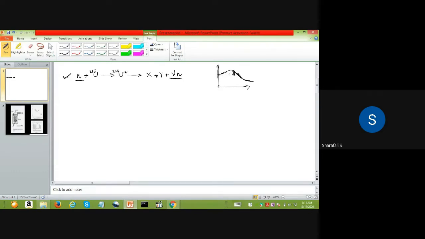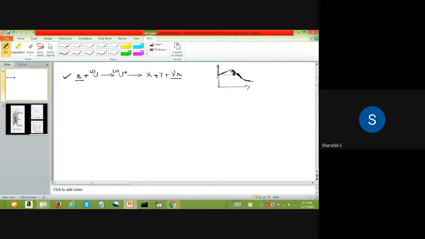If the incoming neutron has enough energy, not thermal but more kinetic energy, that kinetic energy is transferred to the excited nucleus. The total energy of the excited nucleus increases, because the neutron already has some kinetic energy and is absorbed, so this excited uranium-236 has more energy and can easily overcome the potential barrier, the activation energy.